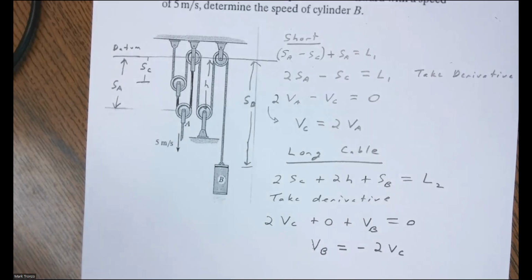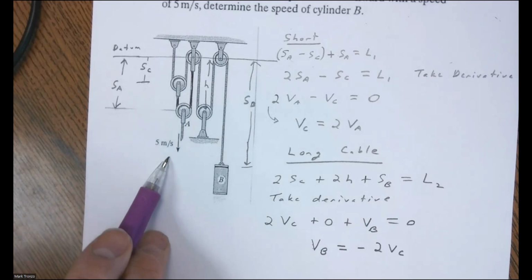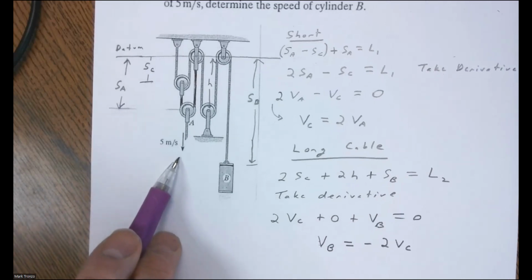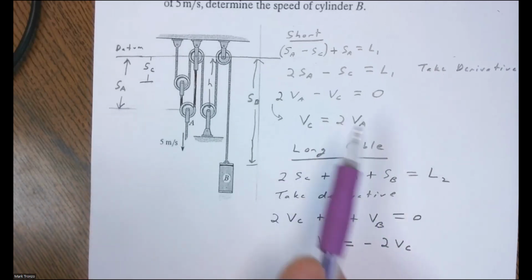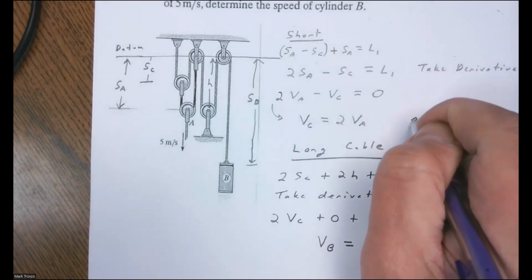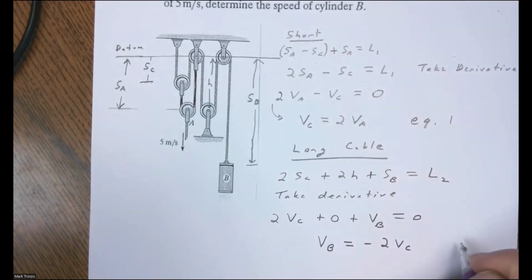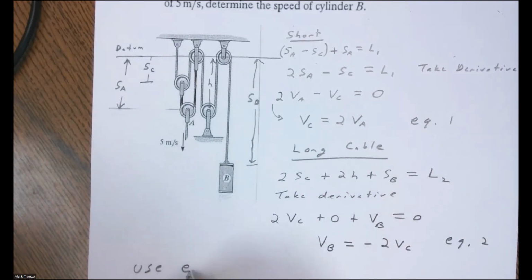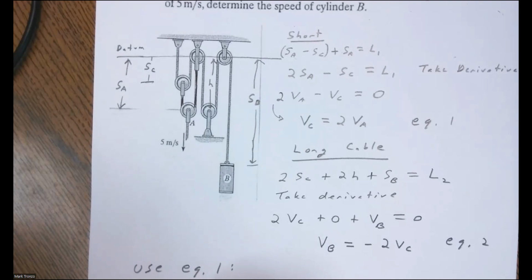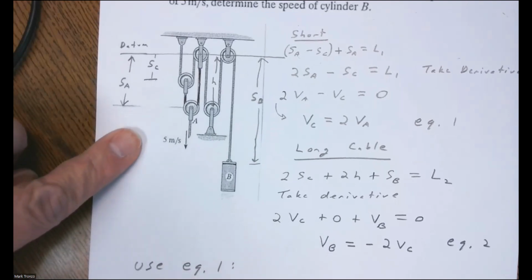And so let's see. Now, what are we given? We're given that A is changing at 5 meters per second. So we can use this equation here. Let me just give it a name and call this equation 1, equation 2. Use equation 1. And we have VC is equal to 2 VA.